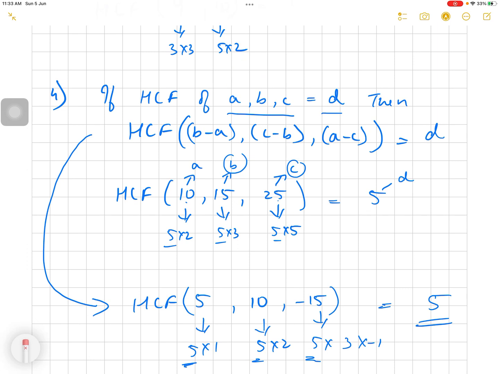If HCF of A, B, C is D, then HCF of B minus A, C minus B and A minus C is also D. And this note we are going to use, or any note we might use, in other sums.